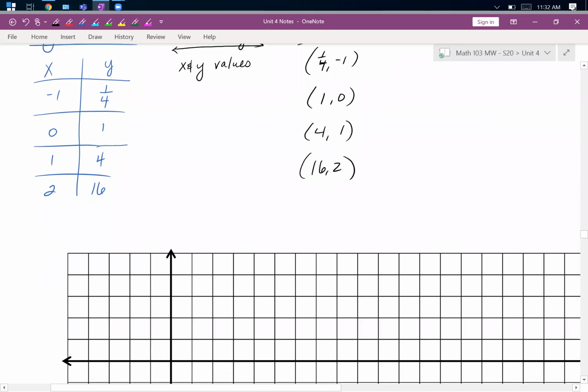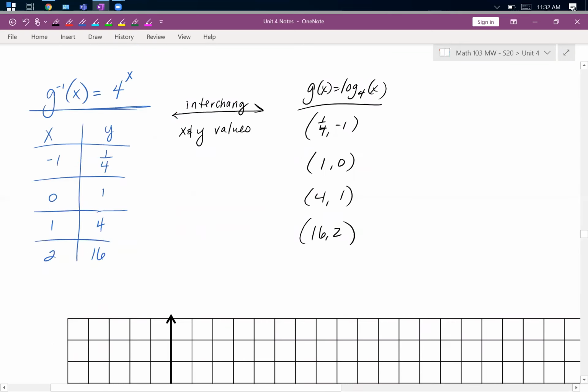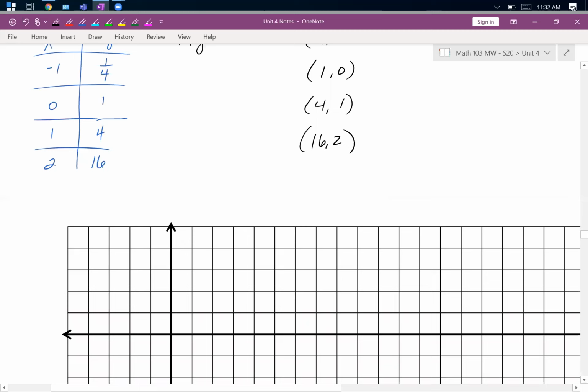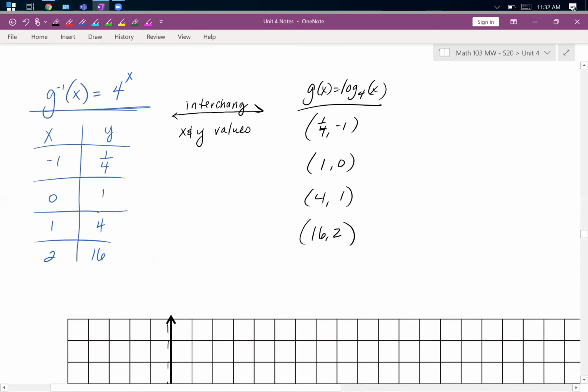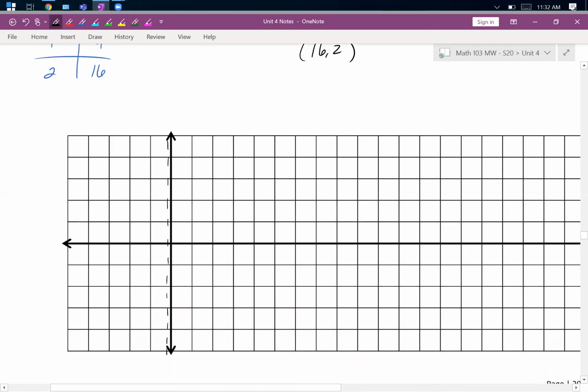All right, let's graph it then. All of our logarithmic functions, or the parent one, have a vertical asymptote on the y-axis to start. And then we'll plot our points: (1/4, -1), (1, 0), (4, 1), and (16, 2).